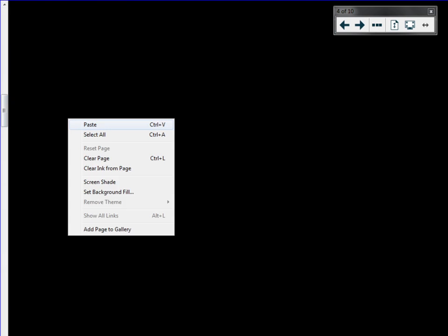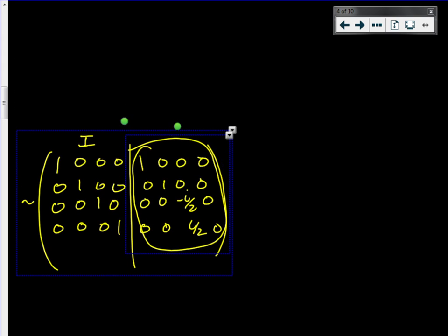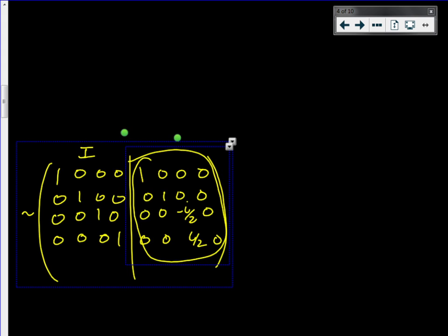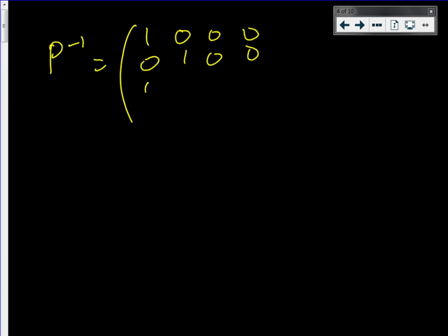Okay, so maybe I'll put it right here. So P is 1, 0, negative i over 2. P inverse is 1, 0, 0, 0, 0, 1, 0, 0, 0, 0, negative i over 2, 0, 0, 0, 0, i over 2.